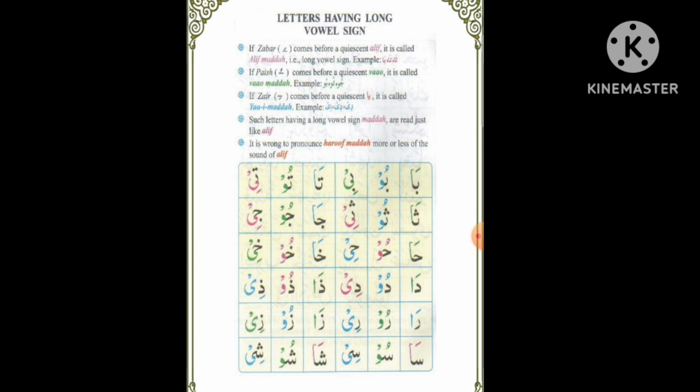Zal, ya, zir, zi. Ra, alif, zabar, ra. Ra, waw, pesh, ru. Ra, ya, zir, ri. Za, alif, zabar, za. Za, waw, pesh, zu. Za, ya, zir, zi. Sin, alif, zabar, sa. Sin, waw, pesh, su. Sin, ya, zir, si. Shin, alif, zabar, sha. Shin, waw, pesh, shu.